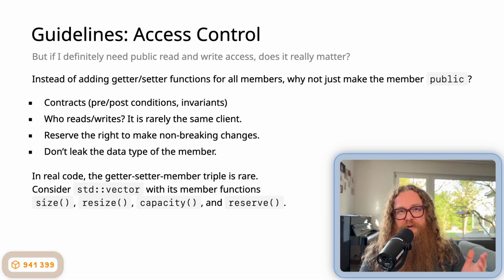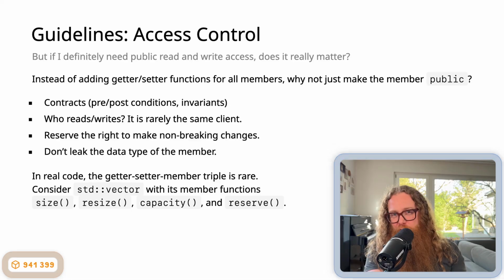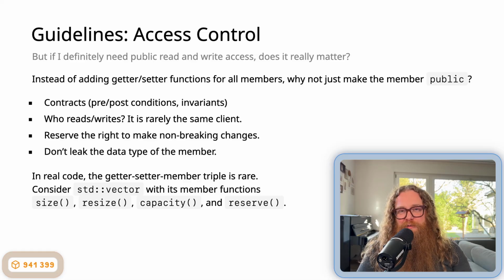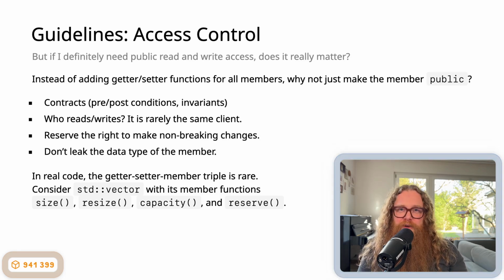It's actually rarely the same client, very often you have clients that produce data, pass the objects to some other client, and the client then consumes the data. And if you want, for example, to measure how often is it accessed and how often is it just set, then it's much easier if you have a function where you can hook into.